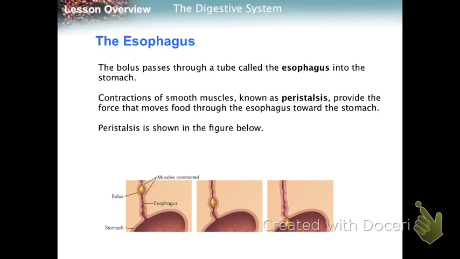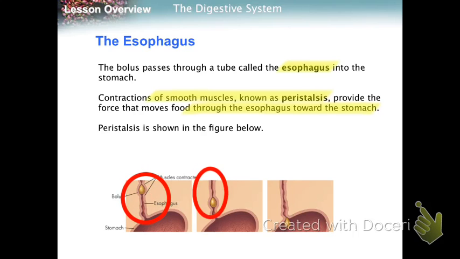So the bolus passes through that tube called the esophagus into the stomach. Contraction of smooth muscles known as peristalsis provides the force that moves the food through the esophagus toward the stomach. You can see the peristalsis happening here, the contractions that move the bolus down into the stomach.